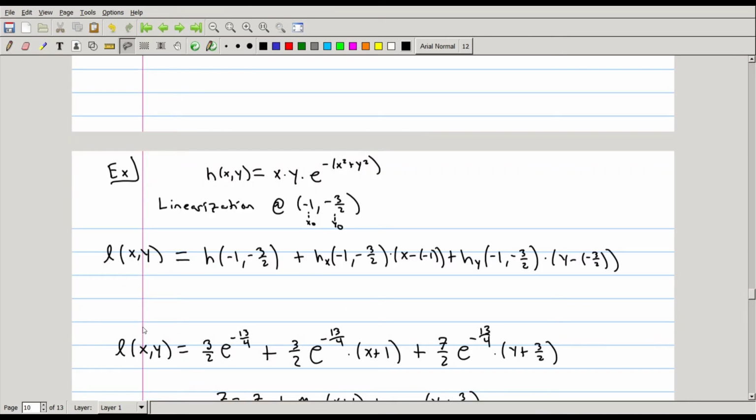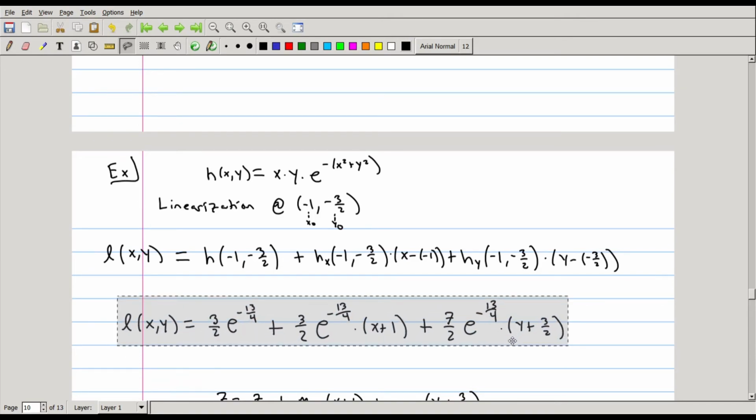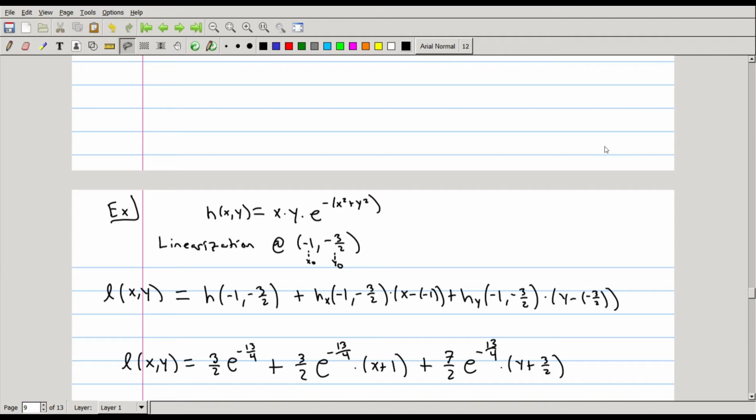The function itself at the point -1, -3/2 is going to be 3/2 e to the -13/4. The x partial derivative at this point was found to be 3/2 e to the -13/4 as well. Remember, this first value is just the value of the function itself, so we're just plugging -1 for x and -3/2 for y into this function.